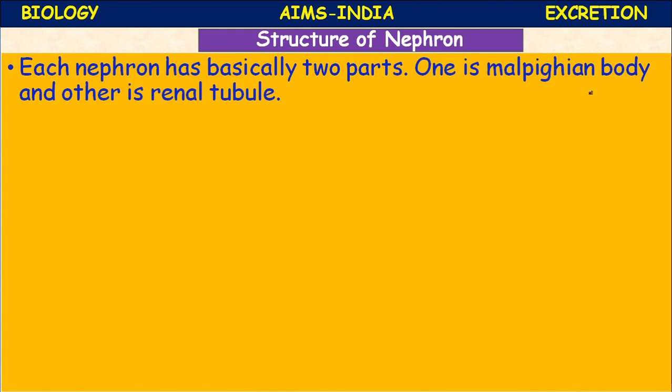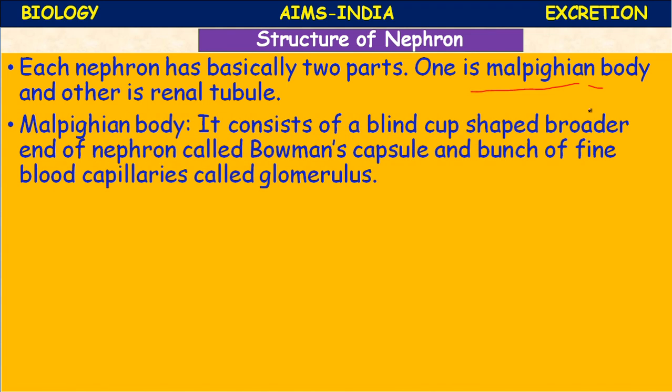The Malpighian body consists of a blind cup-shaped broader end of the nephron, called Bowman's capsule, and a bunch of fine blood capillaries. They together form the glomerulus.